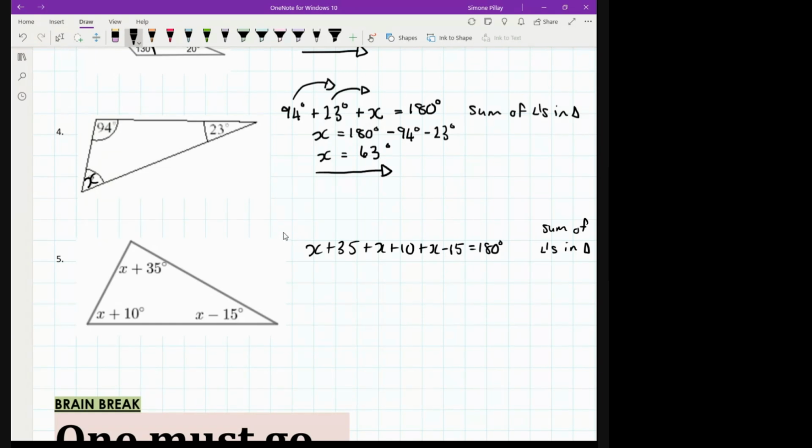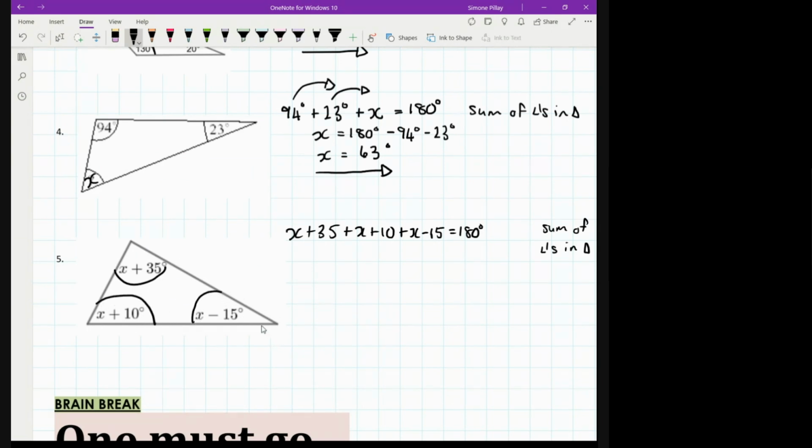Now, everybody, how did we get this equation? What we said is that what I know still applies. I know that if I add all of my angles together, they are going to give me 180 degrees.